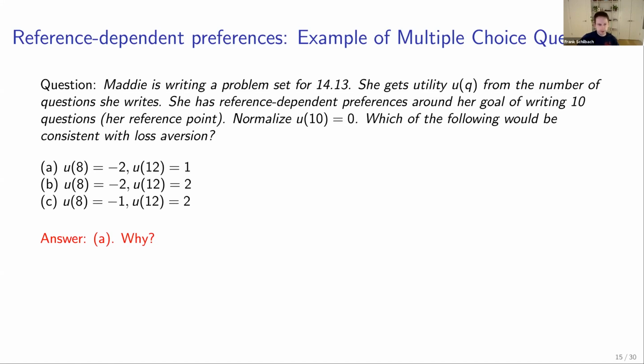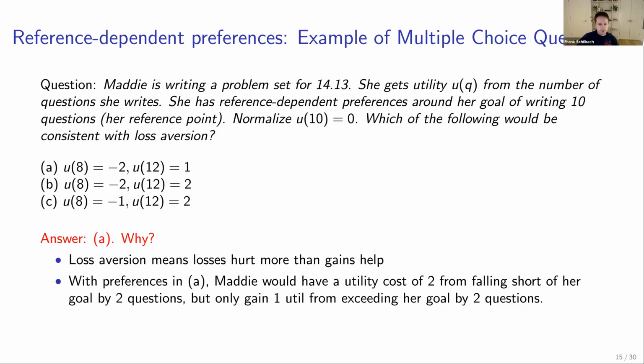Why is that? Well, loss aversion implies that losses hurt more than gains help. So with preferences as in A, Maddie would have a utility cost of 2 from falling short of her goal by 2 questions, but only a gain of 1 util from exceeding her goal by 2 questions.